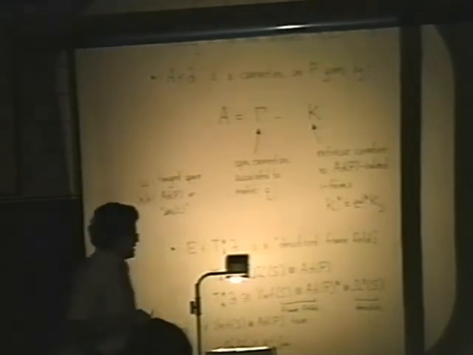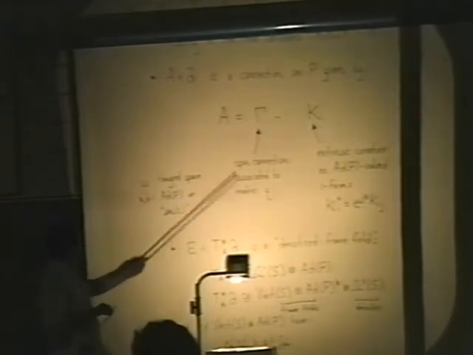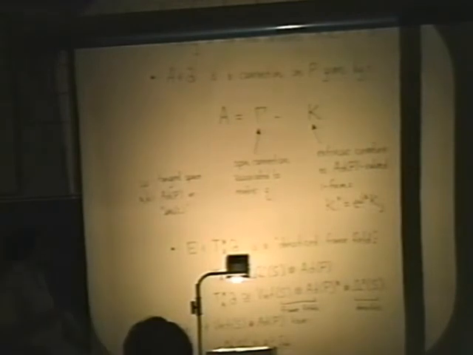So at some point later on, Fernando Barbero decided to get rid of the I, work with this slightly less geometrically natural connection here, but which has the advantage of being an SU2 connection.